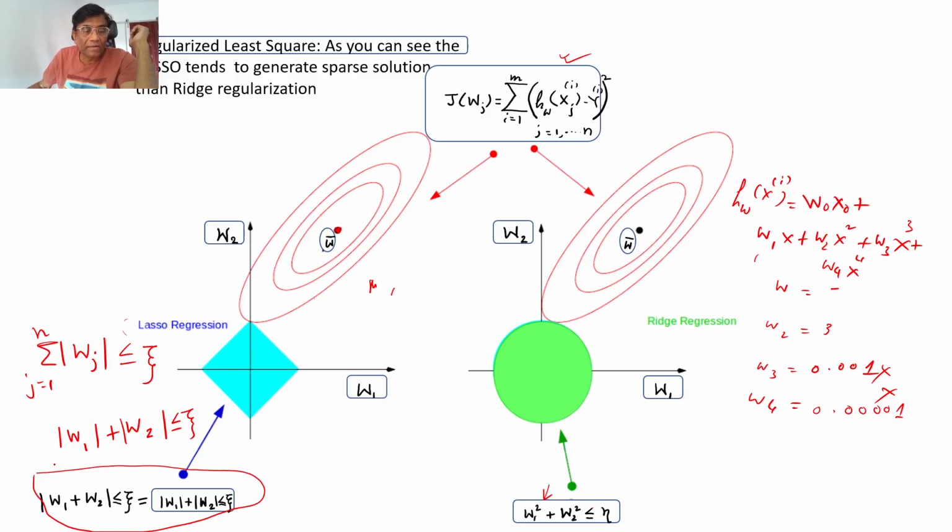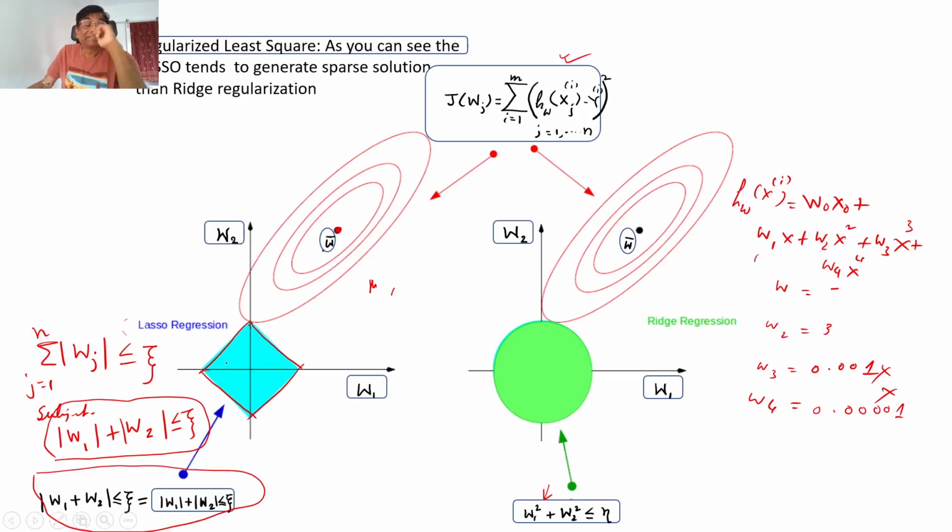So in the Lagrangian multiplier method, if this is an objective function subject to a constraint, how do you optimize this objective function subject to the constraint? Now we are putting a constraint here. And pictorially, the constraint mod W1 plus mod W2 will look like this, plotting the mod function.